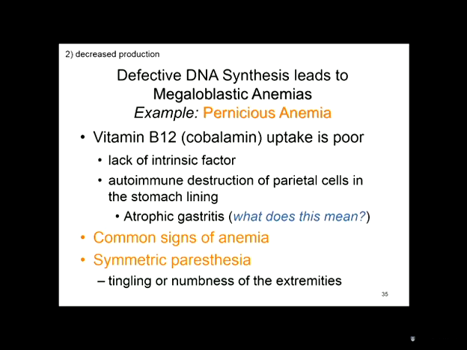So for some reason, and the mechanism is really still not understood, it is thought that it has something to do with myelin, that lack of B12 affects production of myelin, so the conduction isn't very good. And so then sensory nerves have a problem and you get numbness or tingling sensation. And it's typically hands and feet, or sometimes just the hands, okay? Unique to megaloblastic anemia, particularly B12.